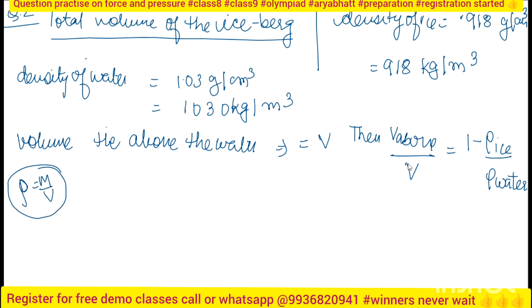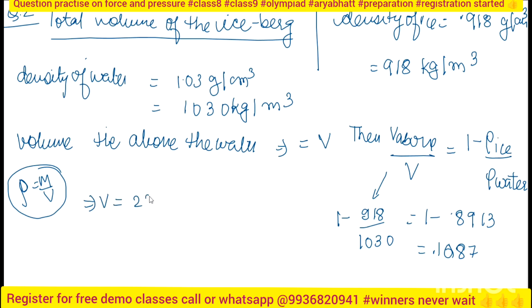Now I put all the values: 1 minus 918 upon 1030 is equal to 1 minus 0.8913, which is 0.1087. So my V will be 224 divided by 0.1087, approximately 2060.26 meter cube. Did you get it, Viren?